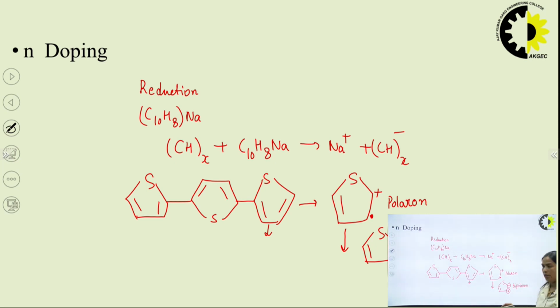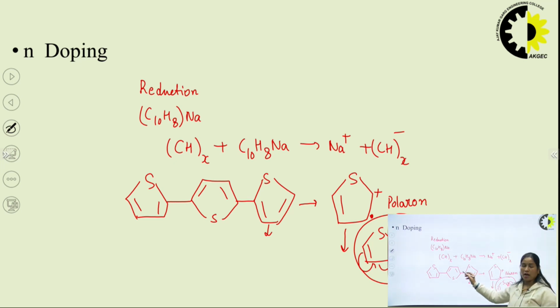Now you can see the molecule is having two charges, and because positive charges denote a deficiency of electrons, the electrons get shifted towards these positive charges.